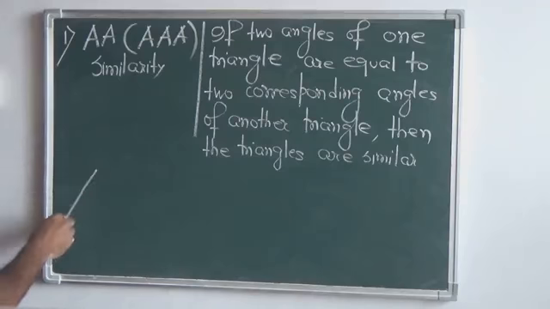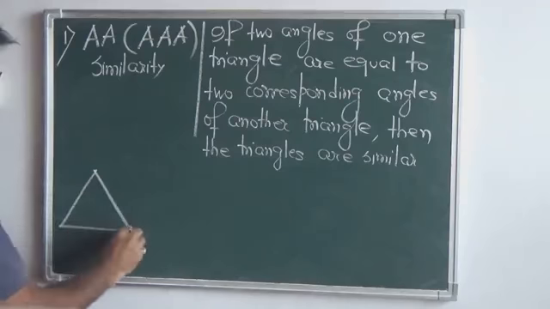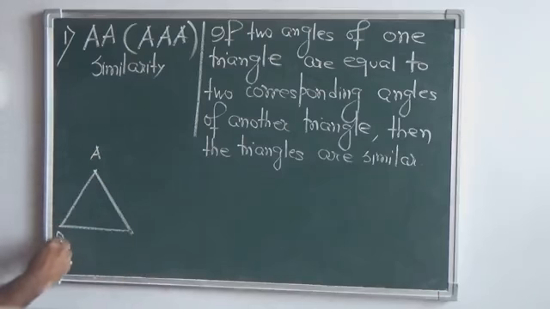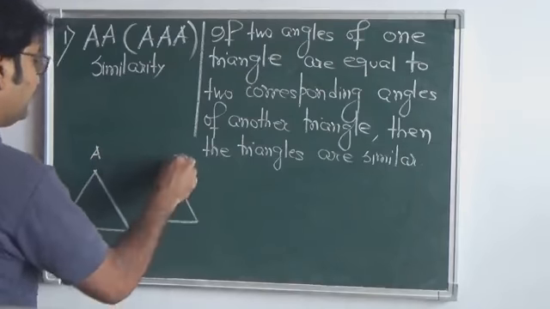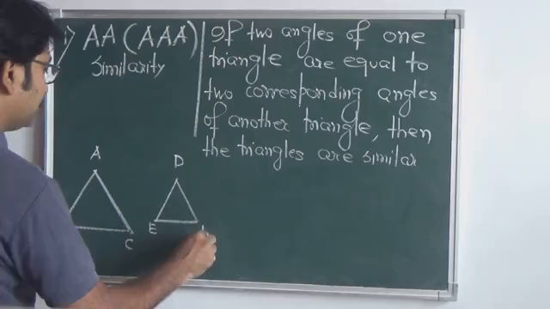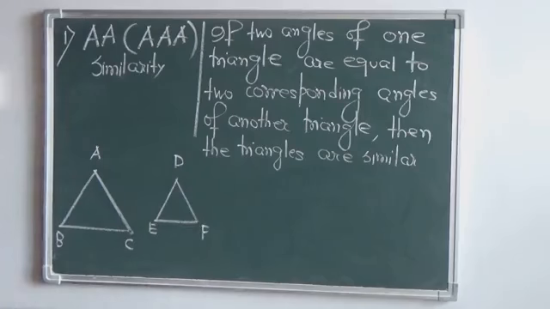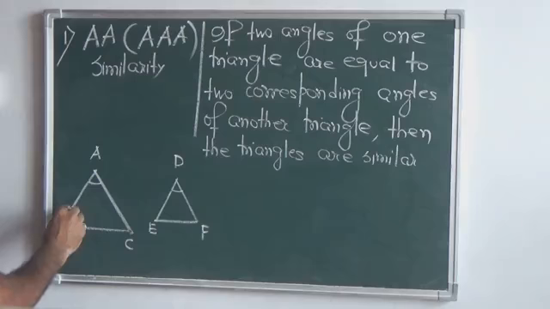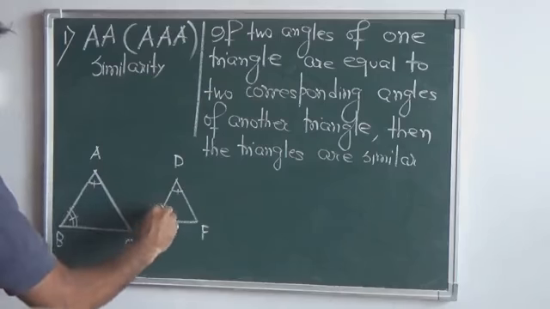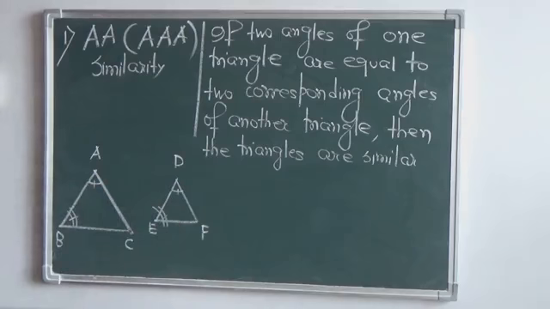So ABC, DEF, let us take these two triangles, and if we say angle A and D are equal, angle B and angle E are equal, then automatically angle C and angle F will be equal.